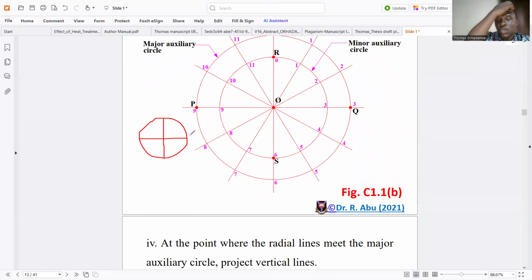So I want to divide this into 12 equal parts. What I will do is pick the radius. This is point O. All right. I will measure P, and this is point Q, right?